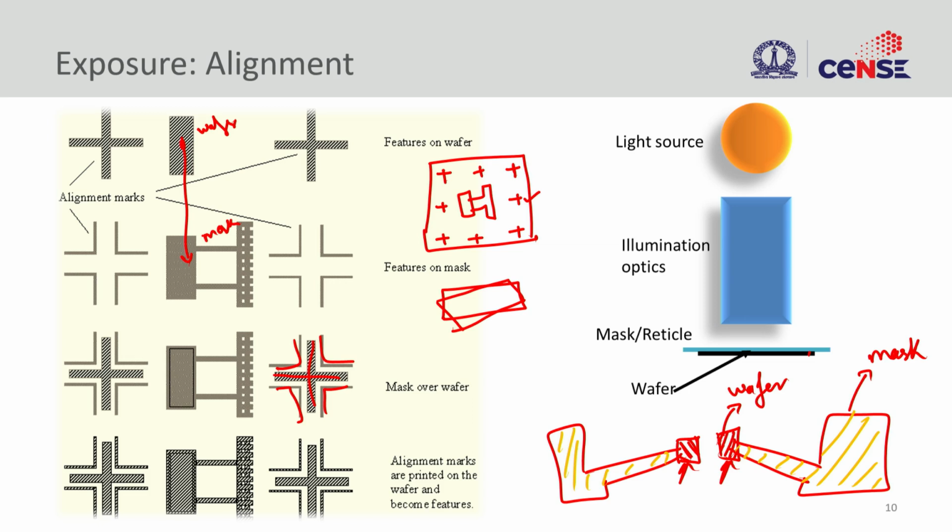So, that is why having additional markers is desirable to avoid these sorts of misalignment. So there are a number of alignment strategies, but these are all very simple alignment strategies that one can use if you want to align these features.